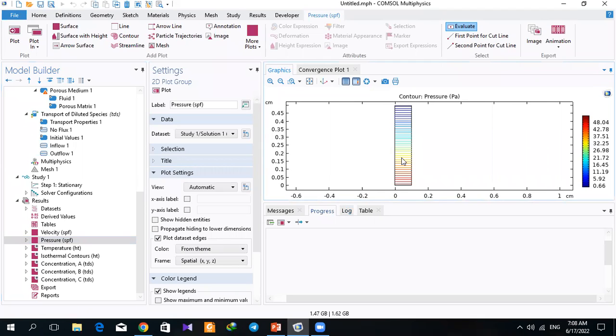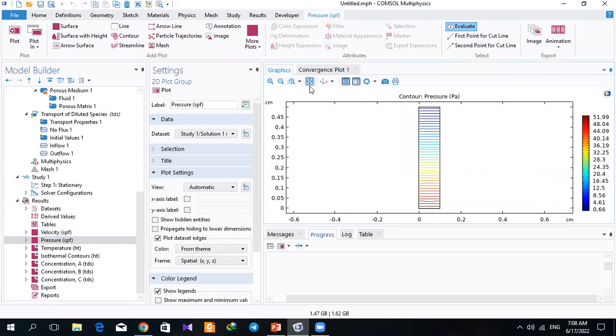When you are going to simulate your industrial reactor, you can calculate pressure drop using software such as COMSOL Multiphysics. Also, we can use the Brinkman equation without simulation and see what the pressure drop is.